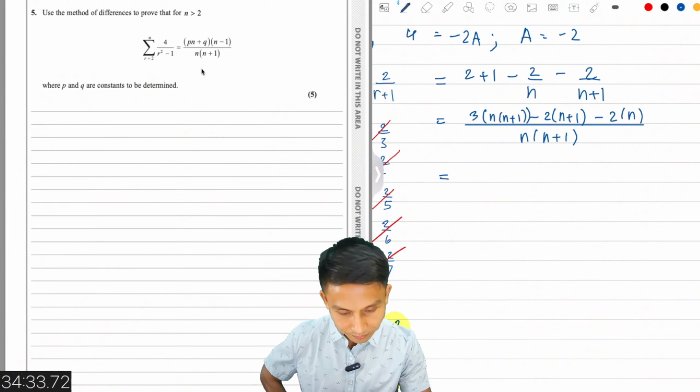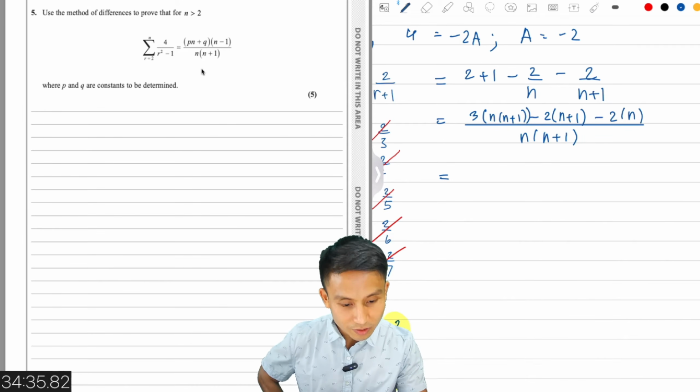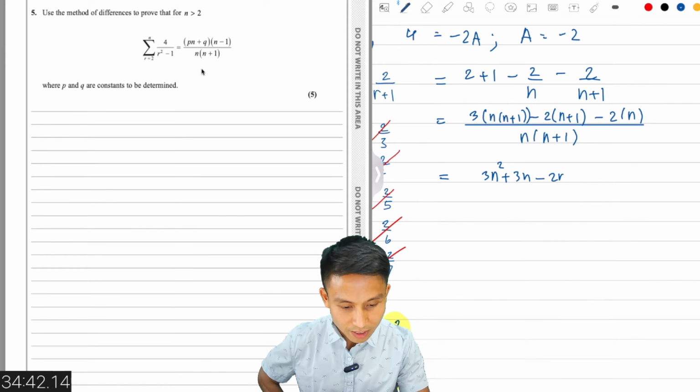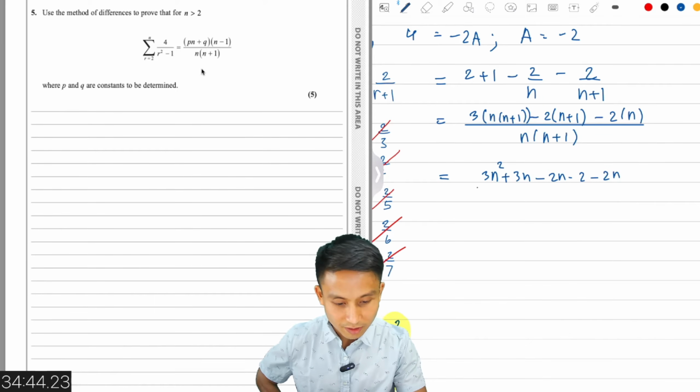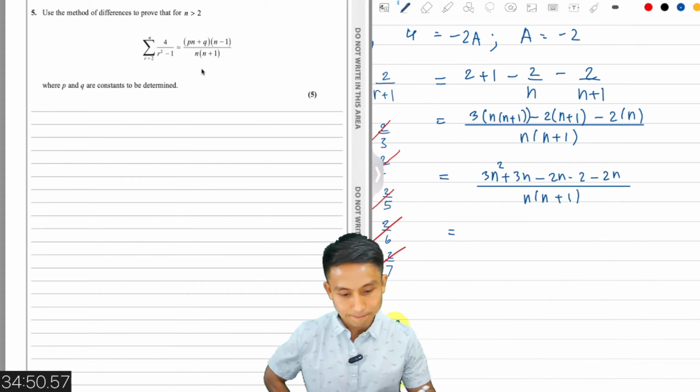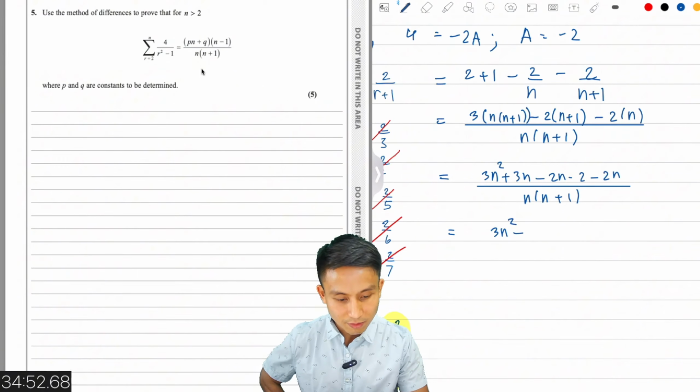So, we just expand, I guess. 3n squared plus 3n minus 2n minus 2 minus 2n, all divided by n times n plus 1. And if you simplify that, that's 3n squared minus n minus 2. Hopefully we can factorize that.